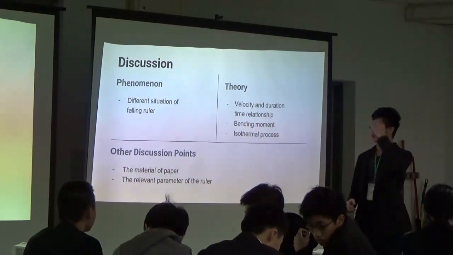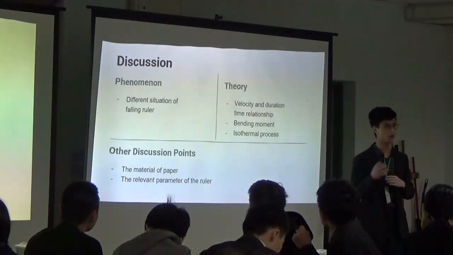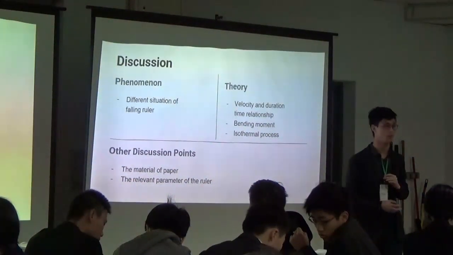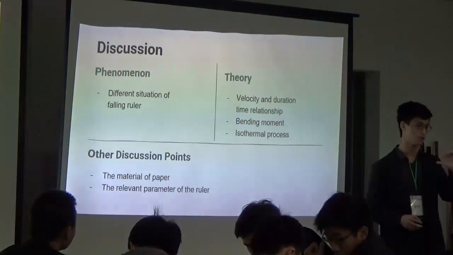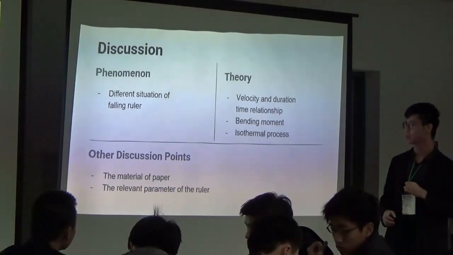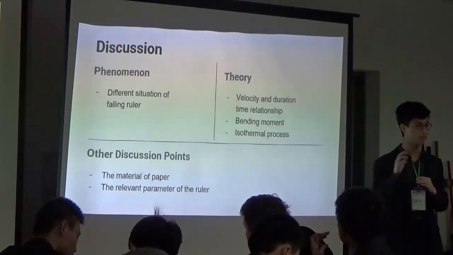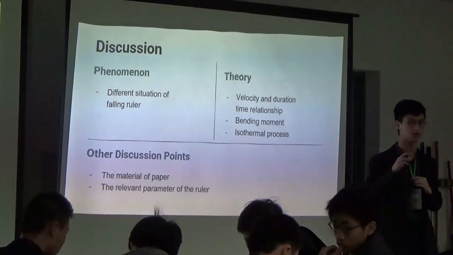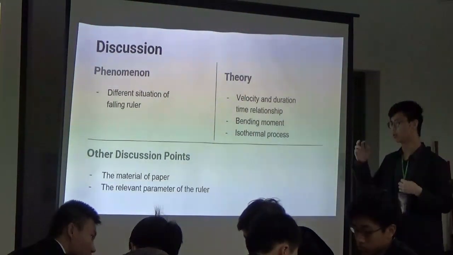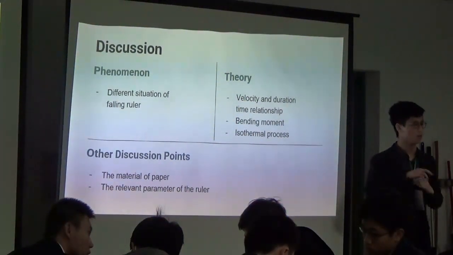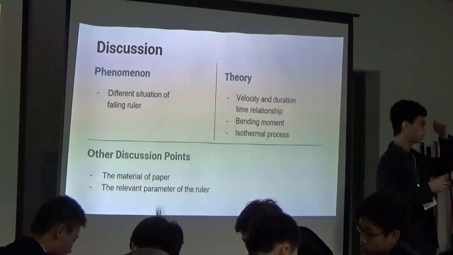We also discussed velocity's relationship with the contact duration time, which we both believe is an important parameter in this phenomenon, since velocity can affect the contact time between the ball and the ruler. Then we discussed relevant parameters about the bending moments that might dissipate the energy acting on the ruler. And we also discussed the isothermal process that the opponent mentioned in the report, which I found quite interesting.